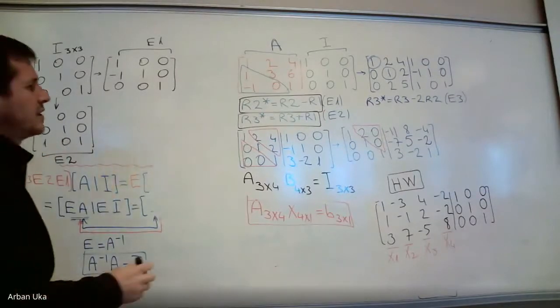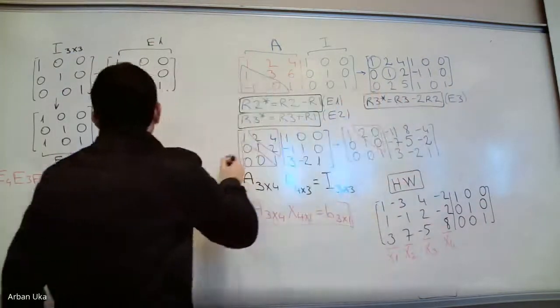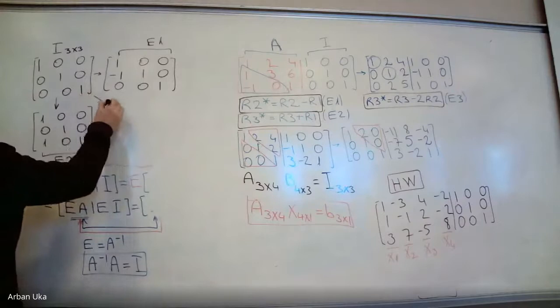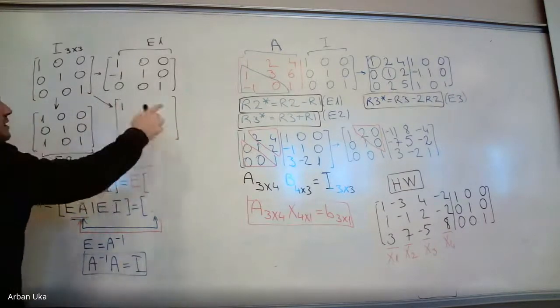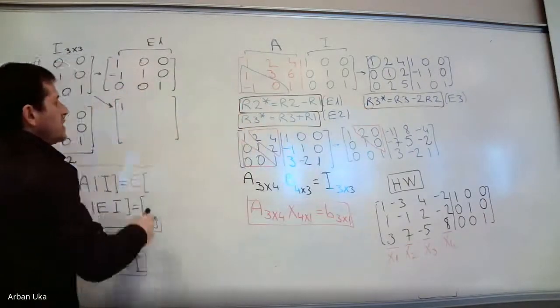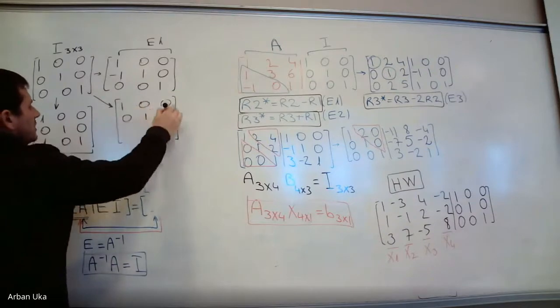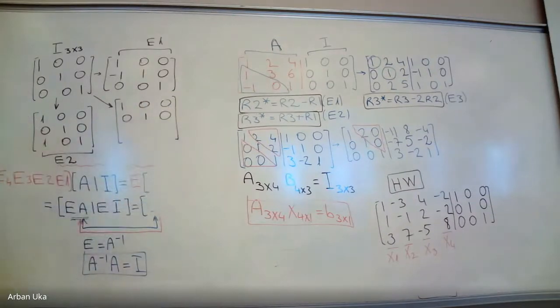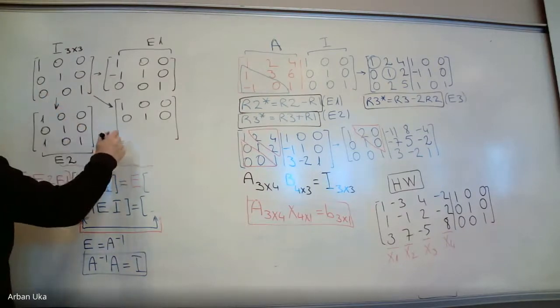Then, what is E3? Let's have a look at this one. What did we change in E3? Apparently, we changed row 3, right? If we change row 3, then the first two rows don't change. So we have row 3 minus 2 row 2. So what is this then?